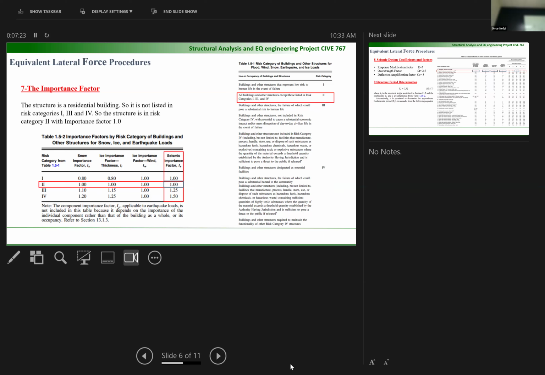Okay. So if you have a special structure and you don't know if it's 1 or 1.5 or 1.25, you go read each risk category and try to figure out where your building fits. Like for example, let's say here, buildings and other structures not included, blah, blah, blah. And here, look at this. Facilities that manufacture, process, handle, store, use, or dispose of substances such as hazardous fuel or hazardous chemicals.